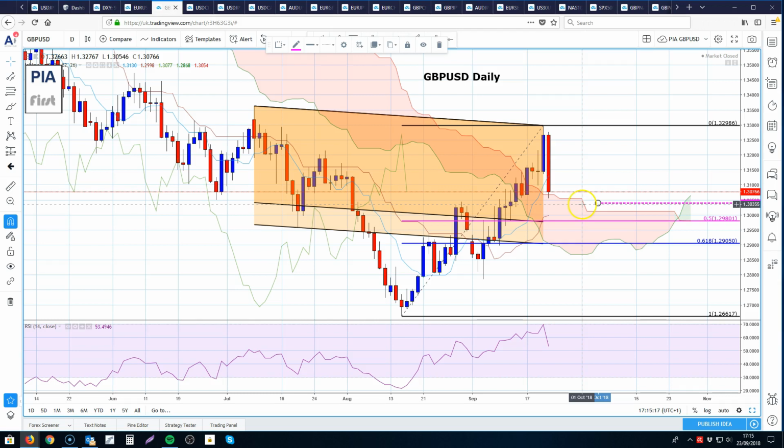In fact, we're very close to support also on sterling yen. And if I just look at my sheet, sterling Aussie and sterling CAD, so with the correlation factor as well, we'll be very wary of selling sterling around current levels.